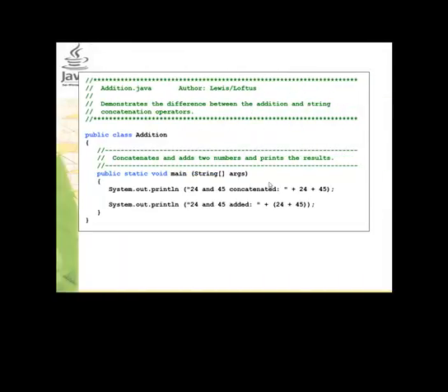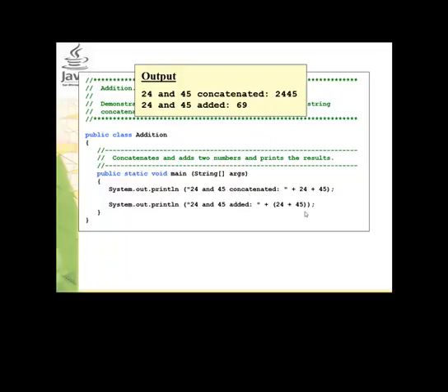So this is the addition operation. I've shown you this before with my example. You can see here the method prints out 24 and 45 concatenated, plus 24 plus 45. It will perform the operation from left to right. And also another one plus, and then it performs within the brackets. You can see the value here when we have two values that we add. It basically acts as string plus 24 plus 45.